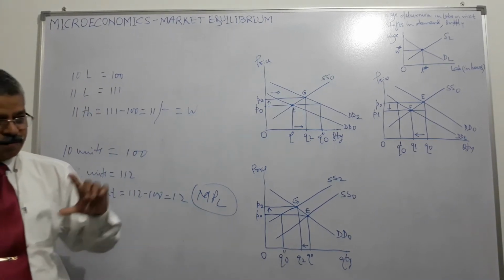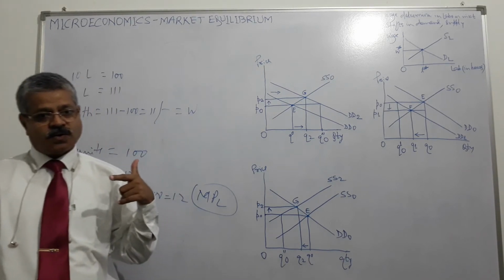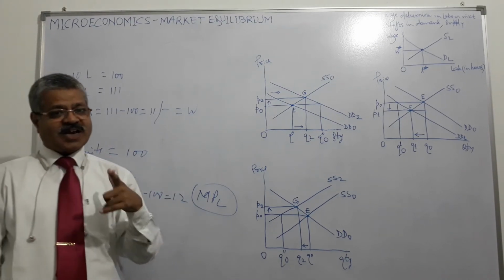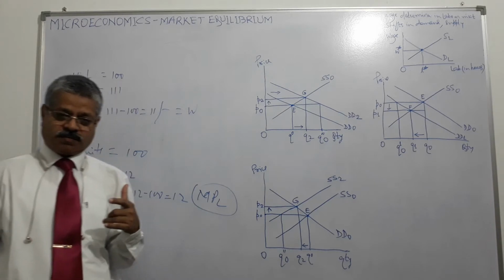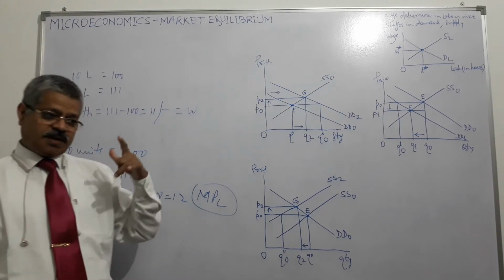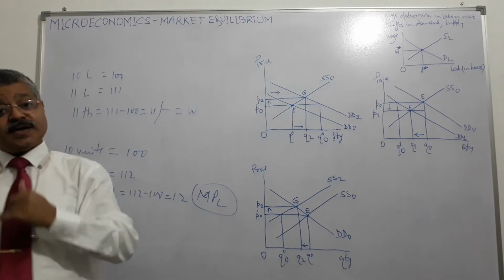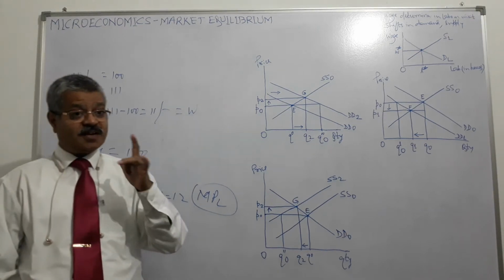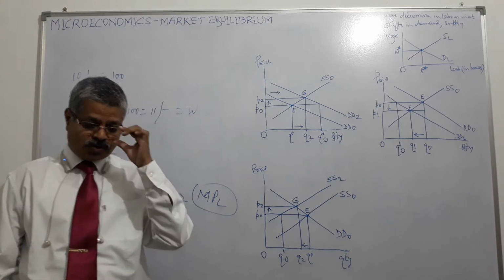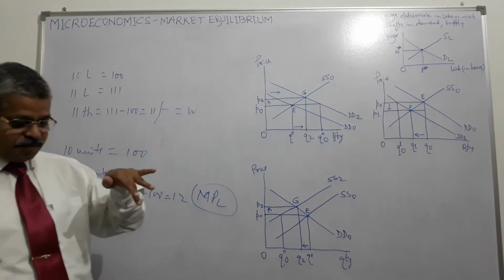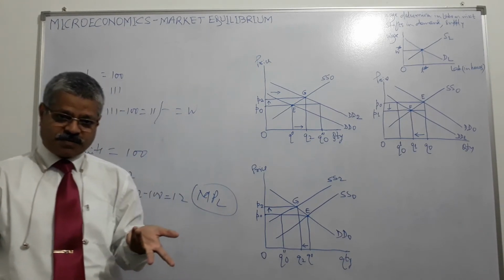Then by selling each extra unit of output, additional earning of the firm is a marginal revenue, as we know from before also. Suppose I produce 10 units, I get 200 rupees.